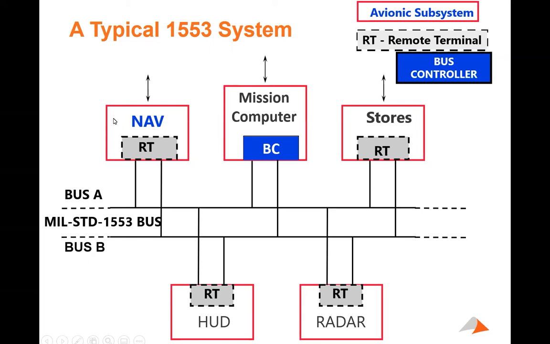Here, the whole nav unit is considered the subsystem, while the RT would be the terminal. The mission computer would be the subsystem, and the bus controller would be the terminal, the bus controller terminal. I just wanted to touch base on that to get that picture in your mind. In this case, with our products, this would actually be your interface card, this part of your system.